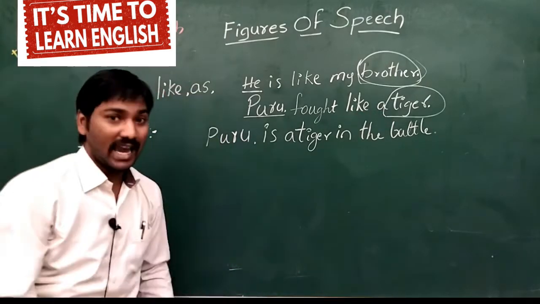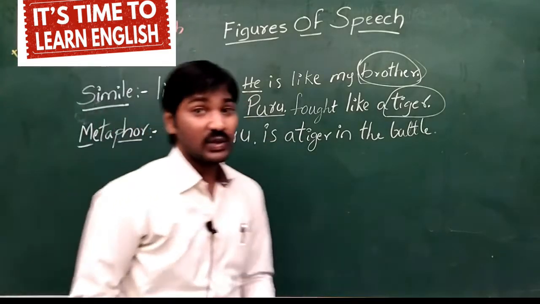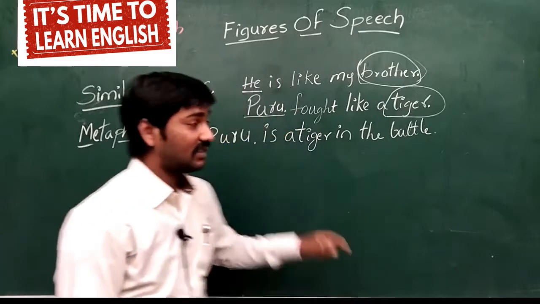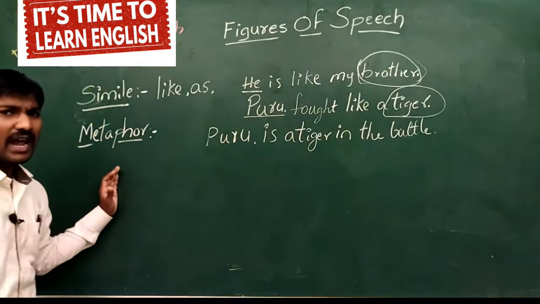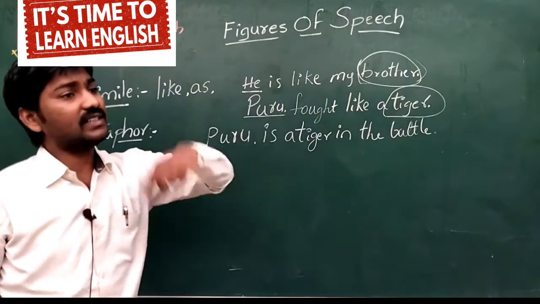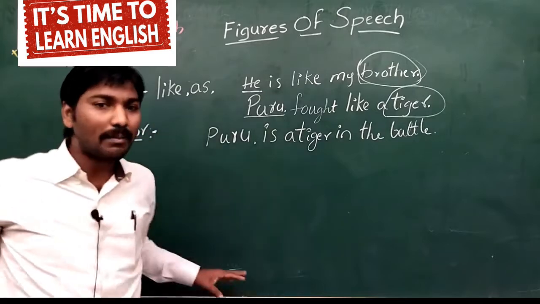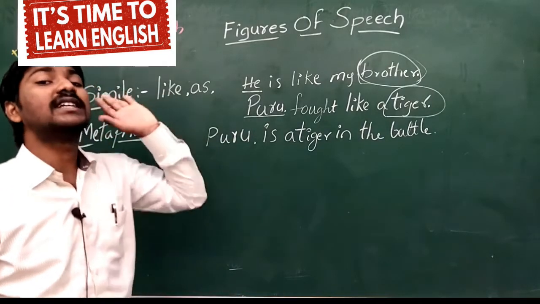Puru is a tiger. So this is called a metaphor. Comparing two things using like or as is simile, and comparing two unlike things without like or as, saying that he is she, or he is it, is metaphor.